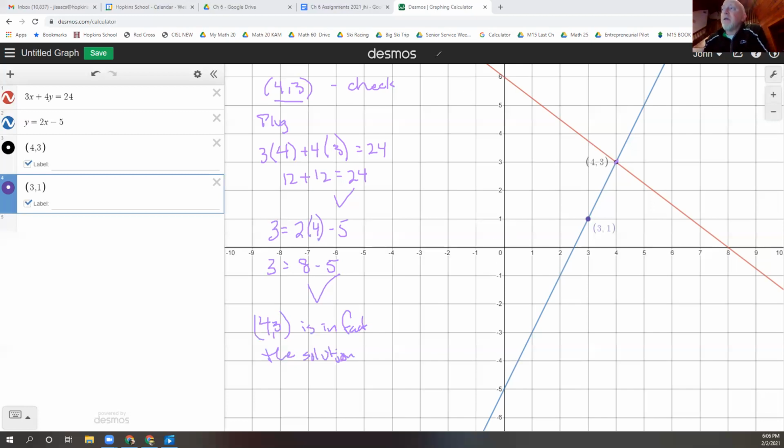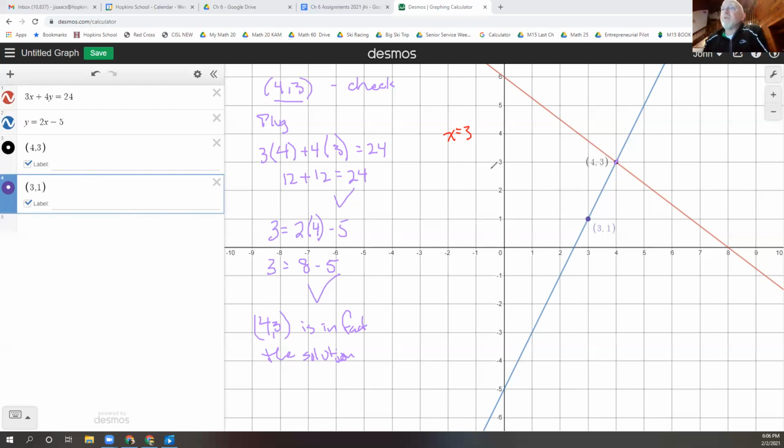Now, let's say, for example, you were doing this problem and somehow you arrived at the x value of 3. Let's say you got the x value of 3 as being correct. Somehow you made some sign error, distribution error, something went wrong, and you wound up with x equals 3.